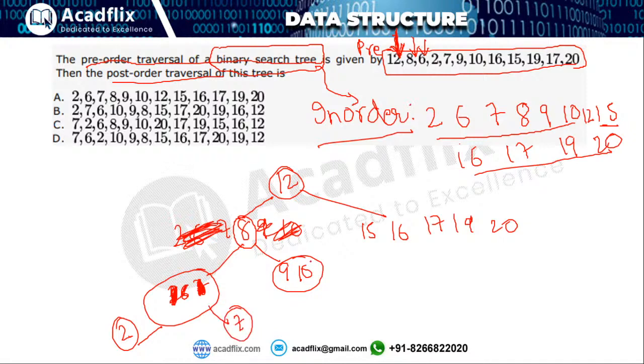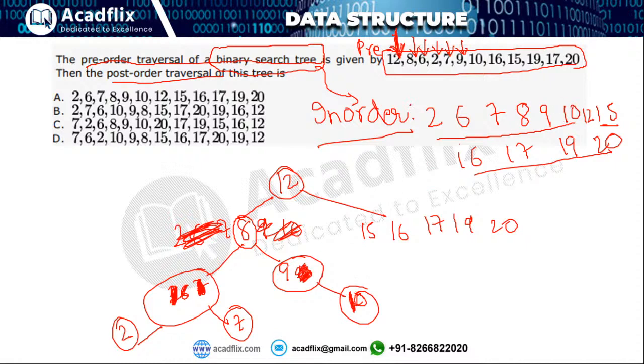Then 7 is also processed, because they are already single nodes. And then I need to process 9. Once I process 9, 9 becomes the single node, and 10 will move to its right. Why? Because in the in-order traversal, 10 was after 9.